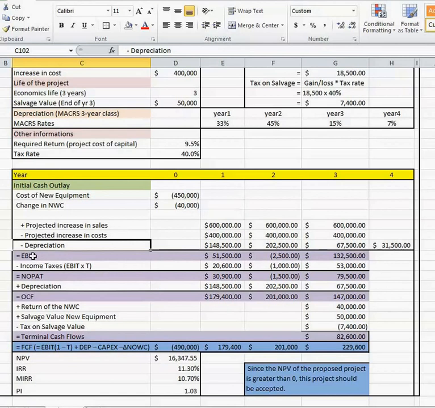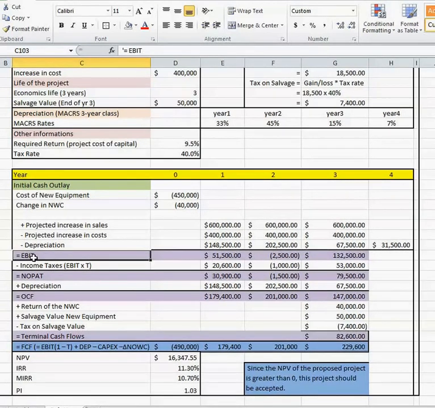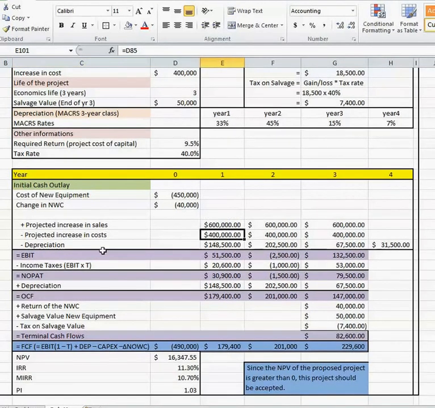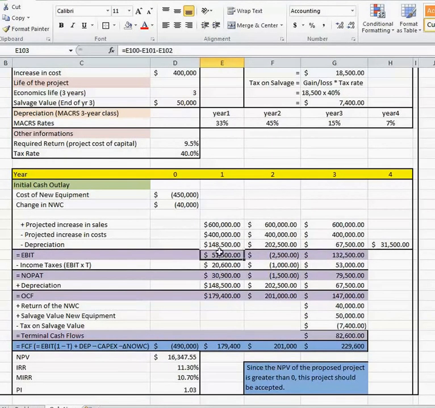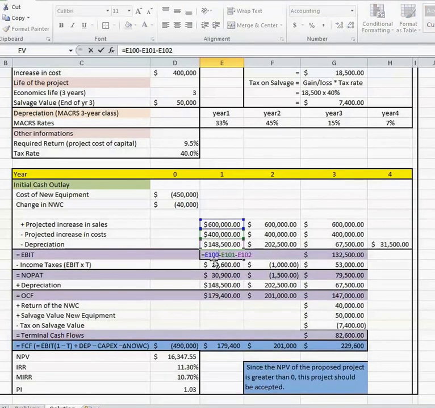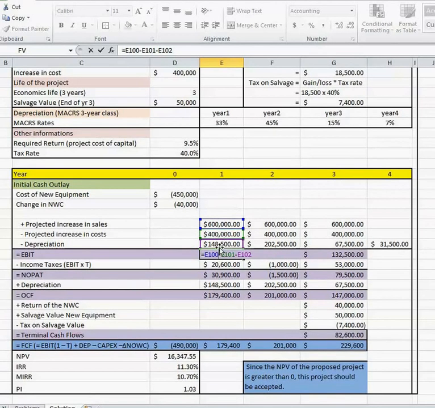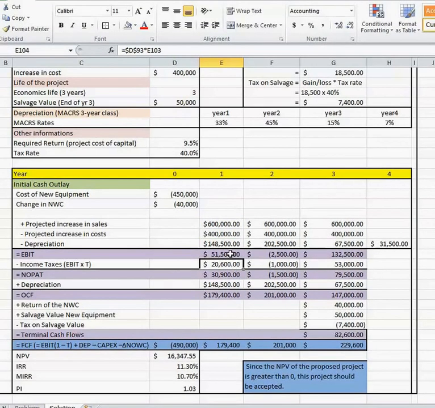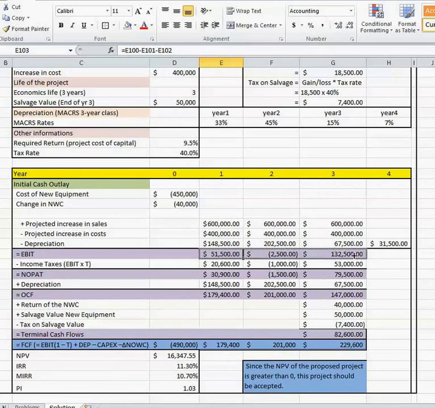So let's calculate EBIT, income before interest and taxes, in accounting terms. Sales revenue minus the projected increase in cost minus depreciation gives us EBIT. I would like to put all these numbers in positive and then just fix it here. So projected sales minus projected increase in cost minus depreciation is equal to EBIT. If you do it in Excel, all you need to do is drag the formula right here.